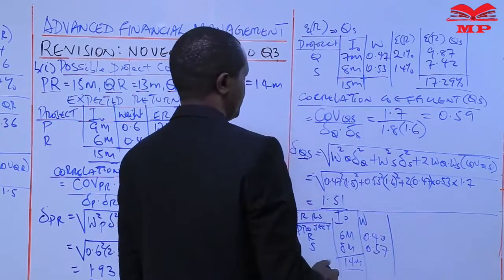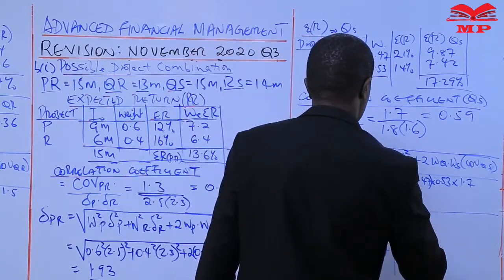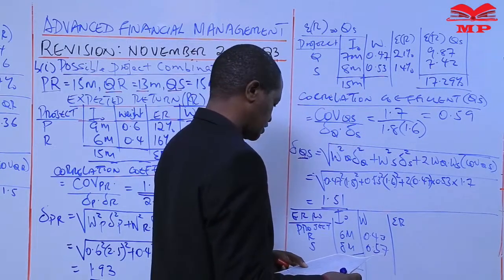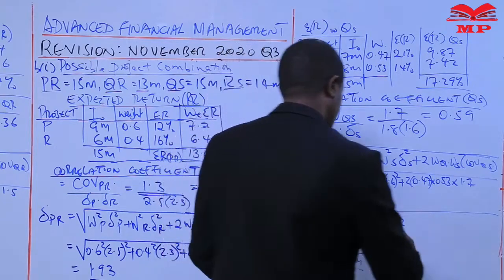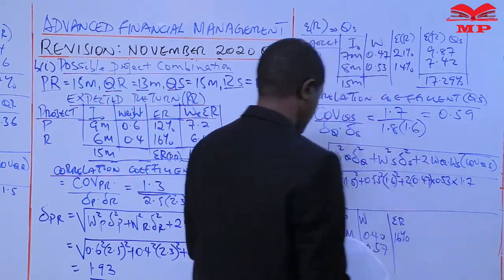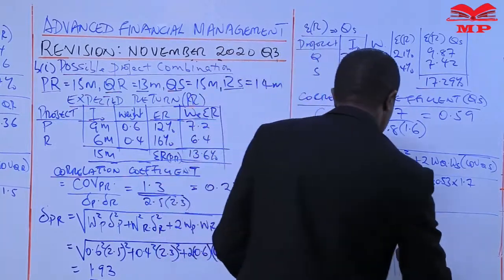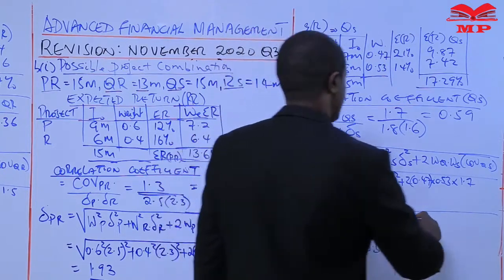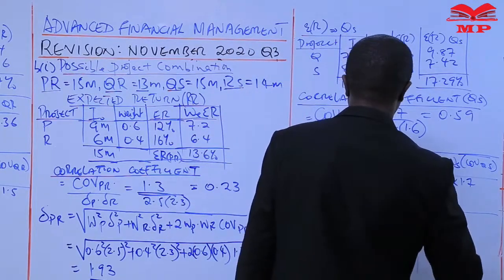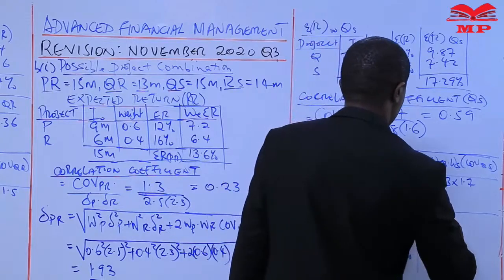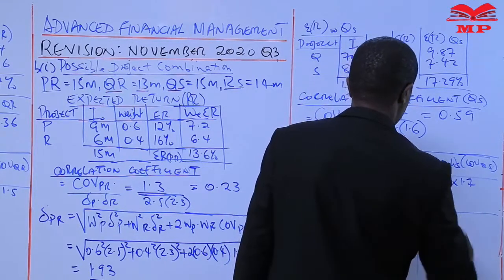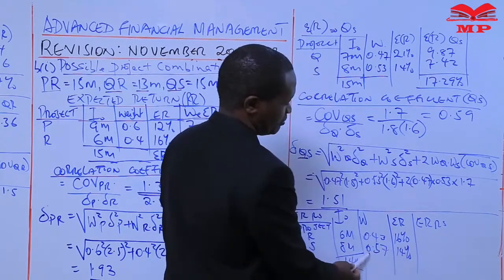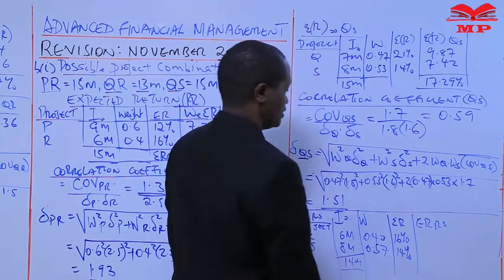Then there is the expected return for individual projects given in the question. For project R it is 16%, project S 14%. Therefore, candidates, the expected return for the portfolio RS will be equal to 0.43 times 16% plus 0.57 times 14%.